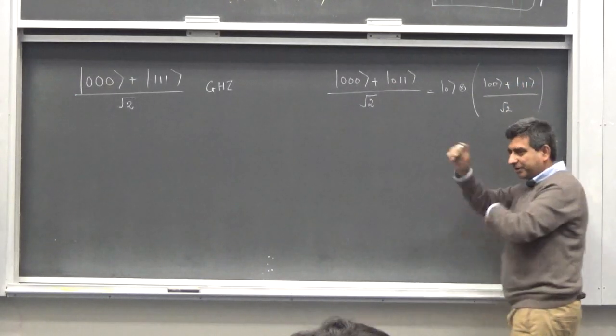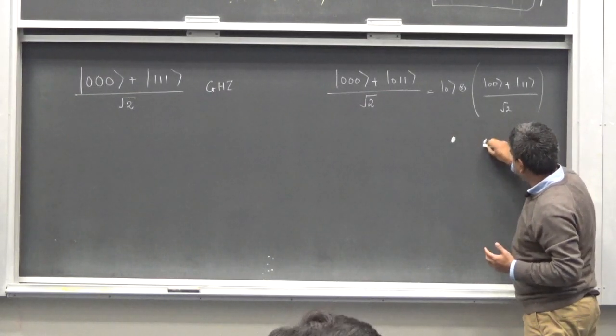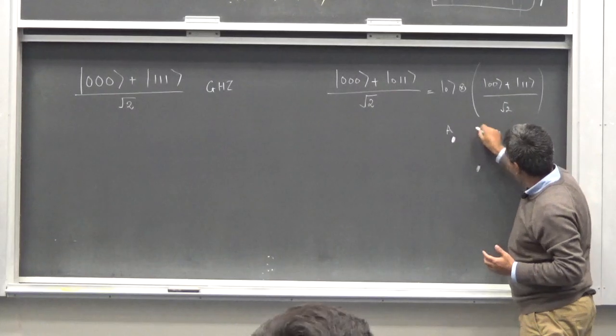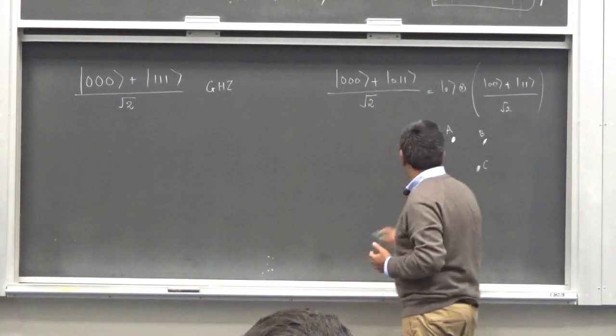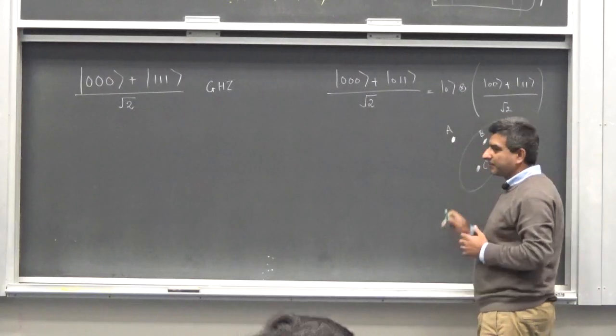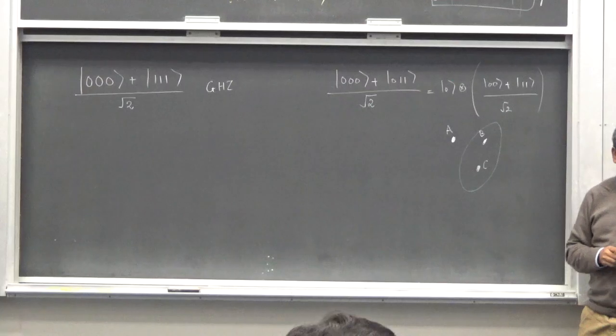So this is only partially entangled. So you have 3 systems A, B and C, and B and C are mutually entangled, if I were to draw this diagrammatically, and separable from A. This is only partially entangled.